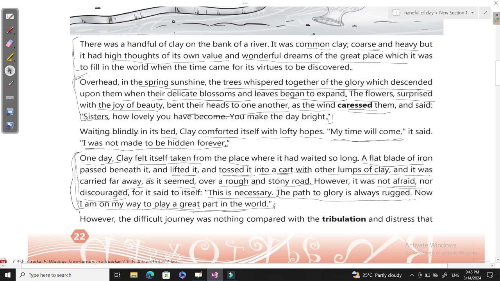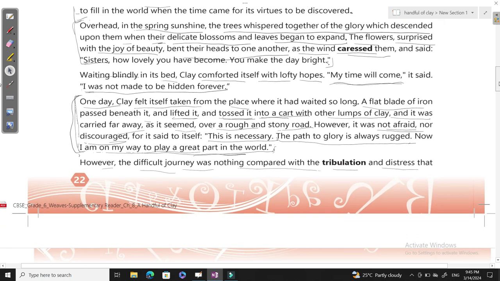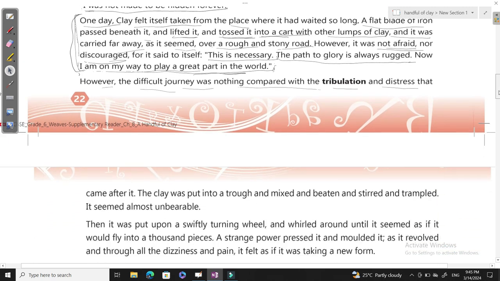My journey started. However, the difficult journey was nothing compared with the tribulation and distress. So it says that the successful journey always goes through difficulties, tribulations and distress.